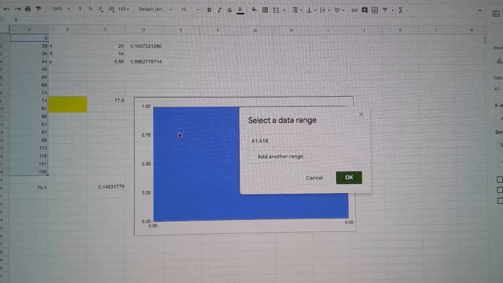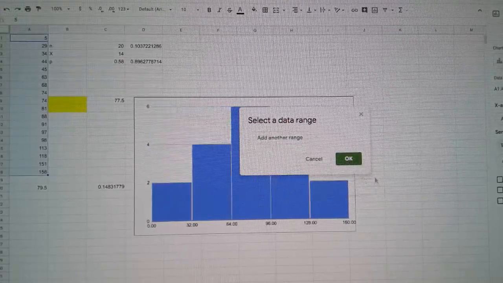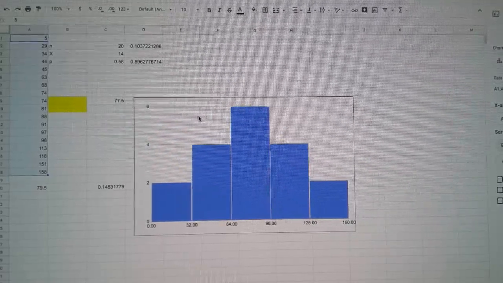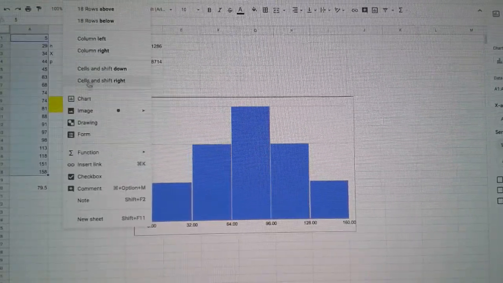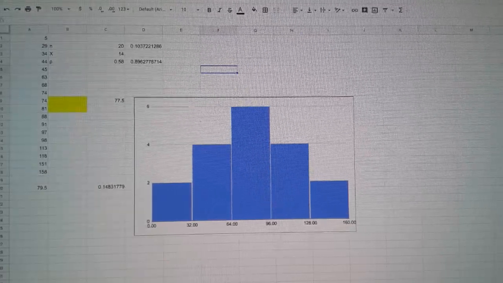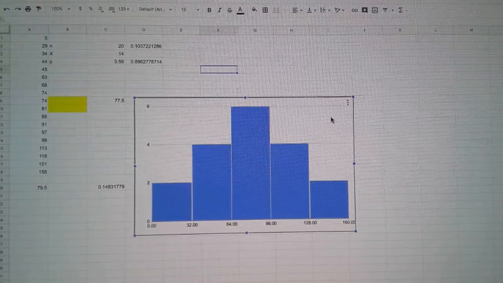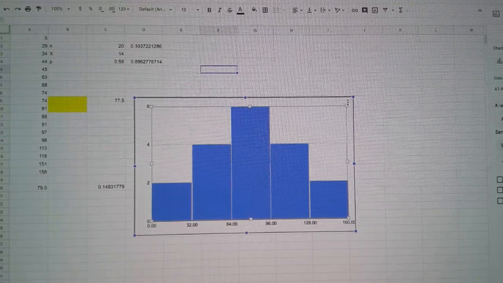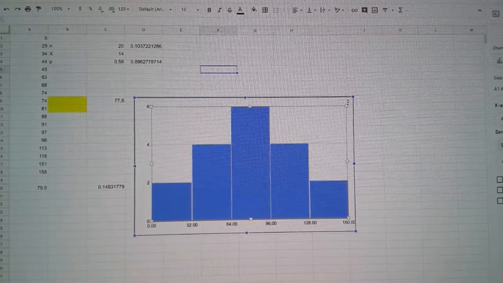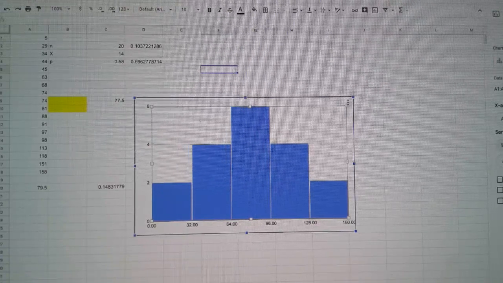I've already set it up to give us a chart here. So I've gone to Insert and Chart, and then over in the chart information, in the setup here, you can see I've chosen the chart type, histogram chart.